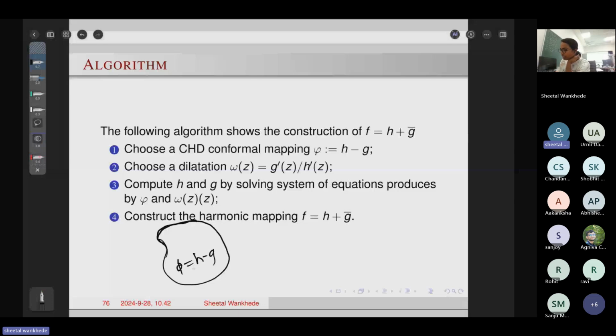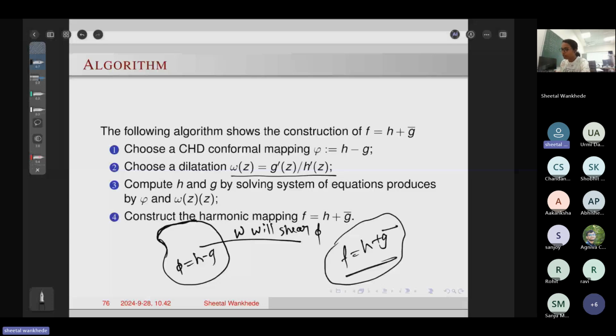Okay. So now choose a dilatation w. I already mentioned what w does: it shears, stretches, translates, anything it can do. So using this w, it will stretch and shear this mapping. w will shear phi, and we'll get some other geometry, and that will give you this harmonic mapping.